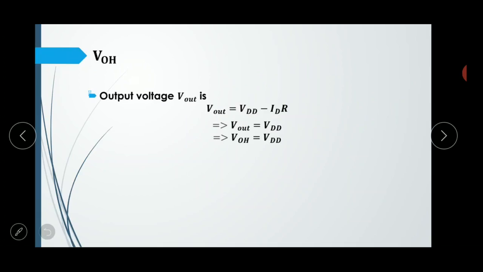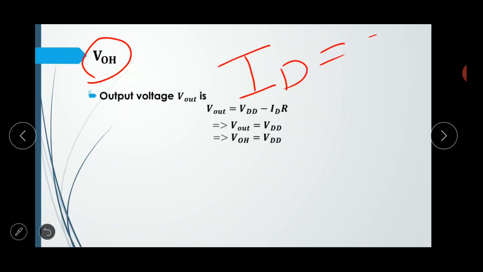Next, we discuss the derivation of VOH, VIH, VOL and VIL. First is VOH. As we discussed before, when the NMOS is in cutoff state, there is no current flow through the transistor. At that time, ID equals 0. After applying Kirchhoff's law, we get this equation.